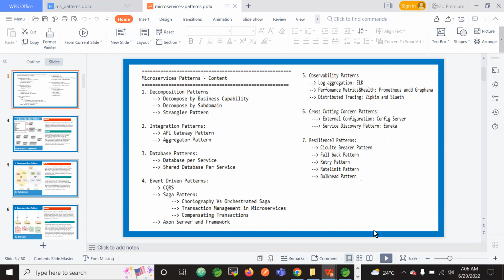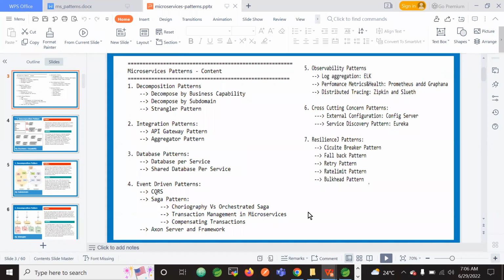They not only ask what microservices are, they also ask how the microservices were implemented, the problems faced in implementing them, and the solutions applied to resolve those problems. That is what the microservices patterns will explain. I'll also explain what microservices are. This is our course content, microservices patterns.